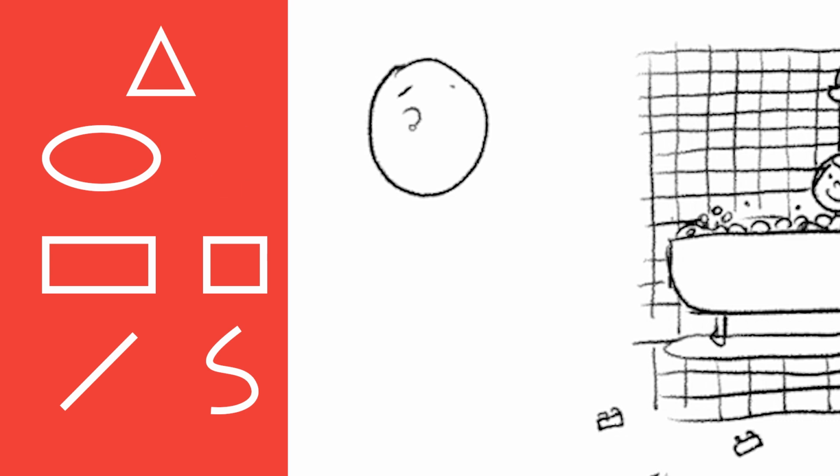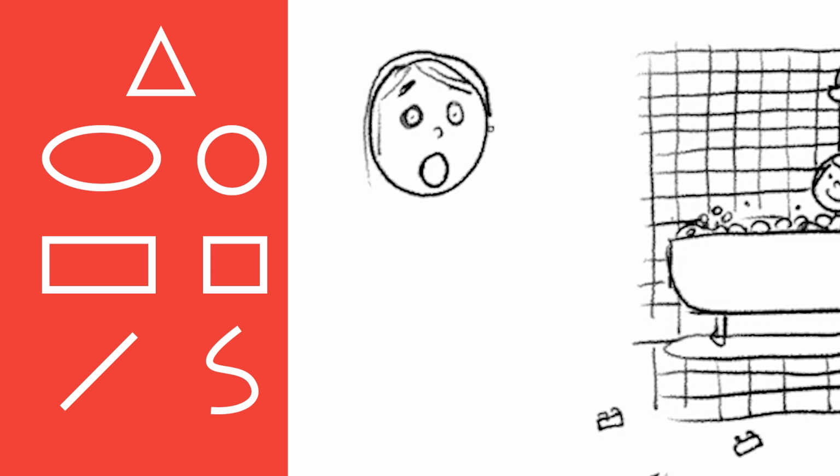So if you had mommy's face, we can put her eyebrows higher, and we can make her mouth go, oh, so she's surprised. So you can make a face that looks like that. Surprise. So you can experiment with what surprise might look like. Maybe she has her hand over her mouth.